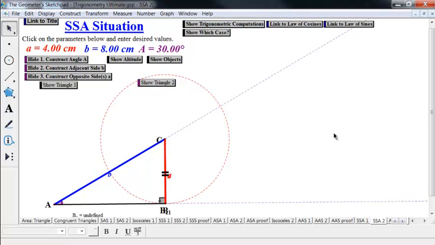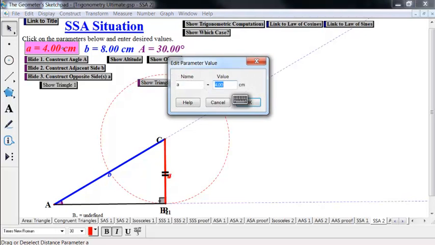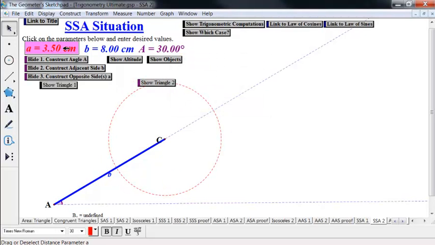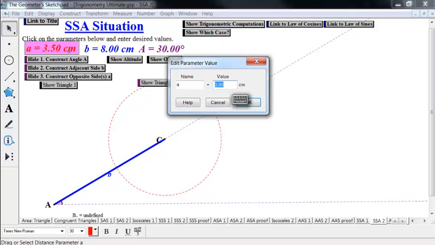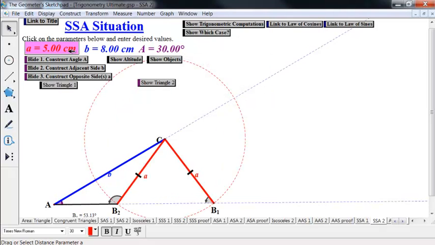So that's tangent, and there's exactly one solution. Okay, but if we make A a little bit shorter, even just a little bit, 3.5, it doesn't reach. Make it just a little bit bigger than 4, let's make it 5, and now we have two different points of intersection there.